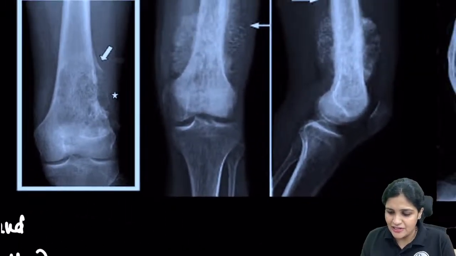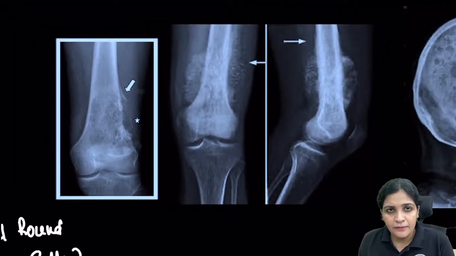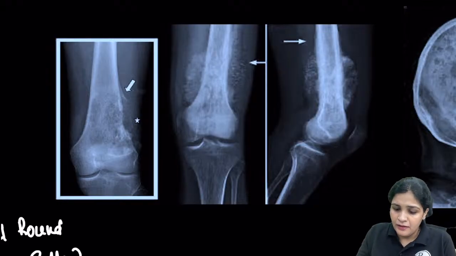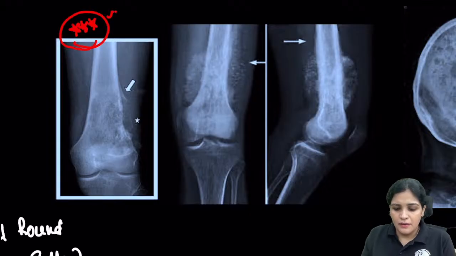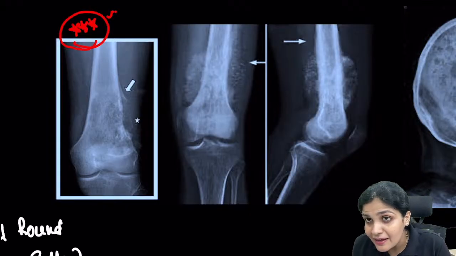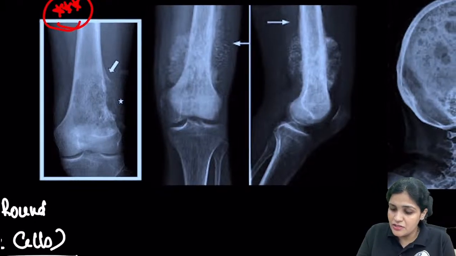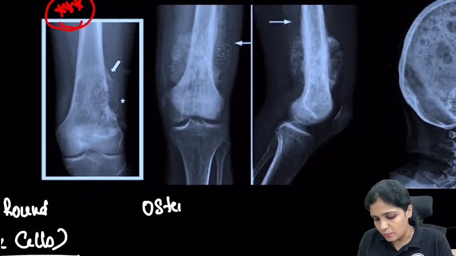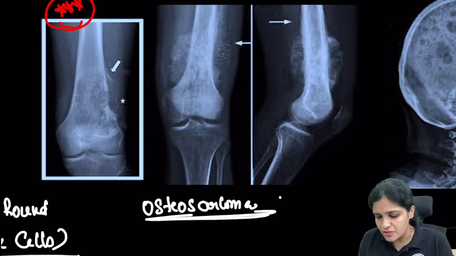Then what is the next one? Very important, very easy. Osteosarcoma, very good. How did you identify this as osteosarcoma?